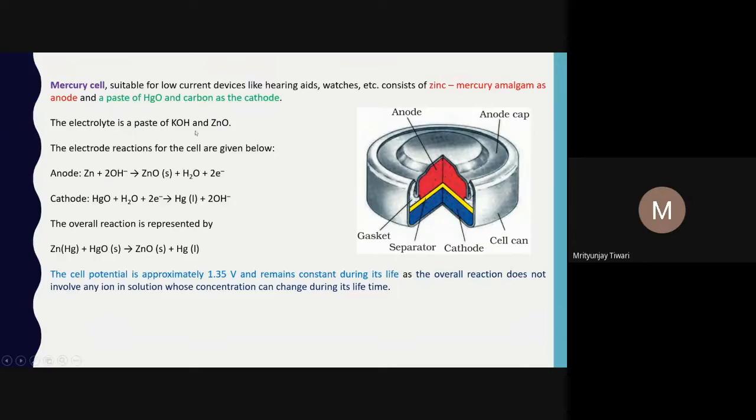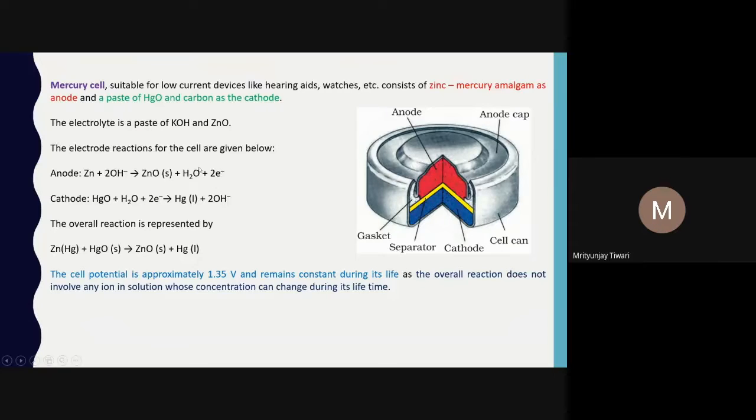So OH minus ions will react with the zinc to form zinc oxide plus water plus 2 electrons. At the cathode, what is the cathode made up of? The cathode is made up of mercury(II) oxide and carbon. So at the cathode, the mercury(II) oxide reacts with the water molecule that is produced here plus the 2 electrons that are released here.